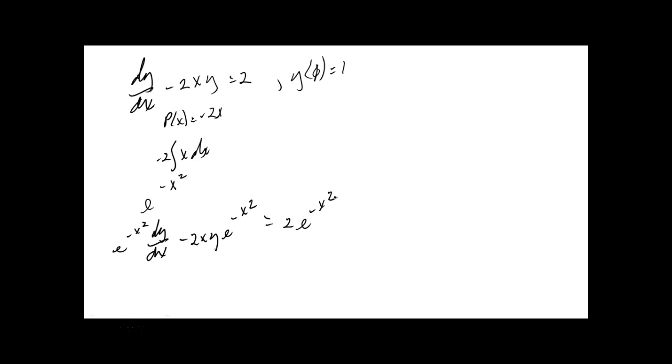Now supposedly this is a perfect derivative of something. What would that something be? Hopefully it's y times e to the minus x squared.